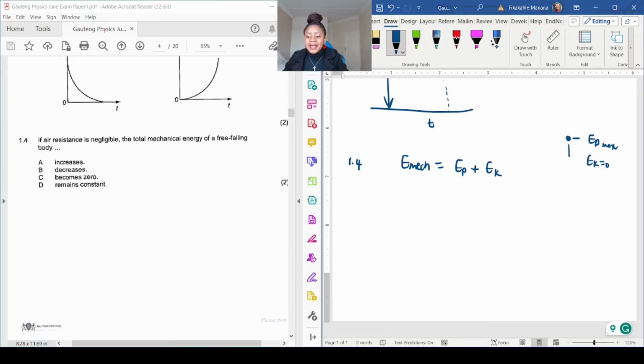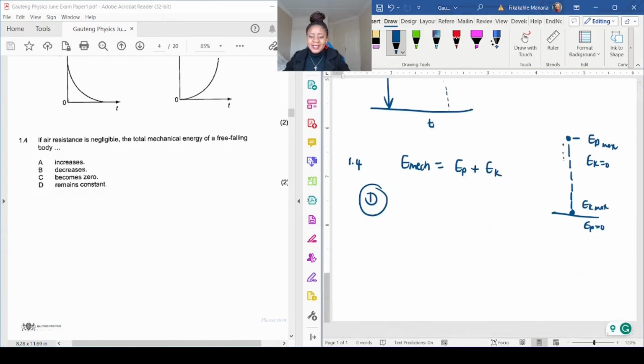As it falls, your potential energy reduces, your kinetic energy increases, and by the time you reach the ground, your kinetic energy is at its maximum, whereas your potential energy is 0. Throughout this, the decrease in your potential energy is your increase in kinetic energy. So the total mechanical energy of a free falling body should remain constant. It doesn't increase, it doesn't decrease, it does not become zero. So D is the right answer for 1.4.